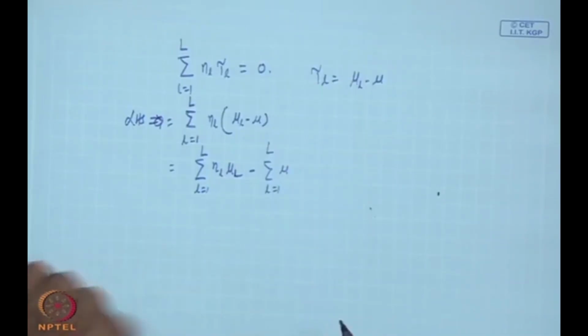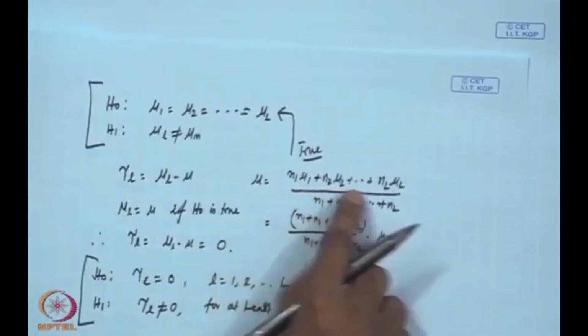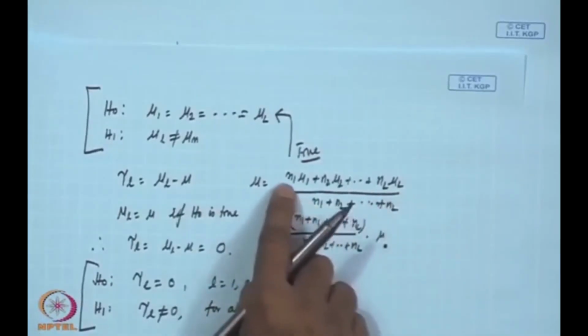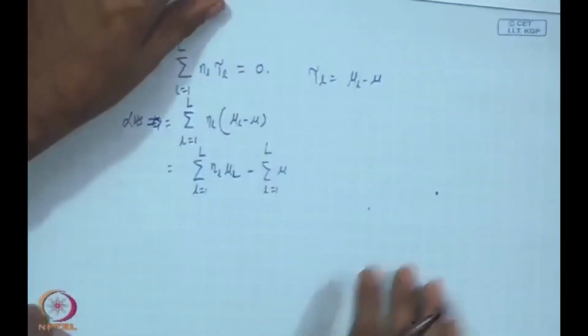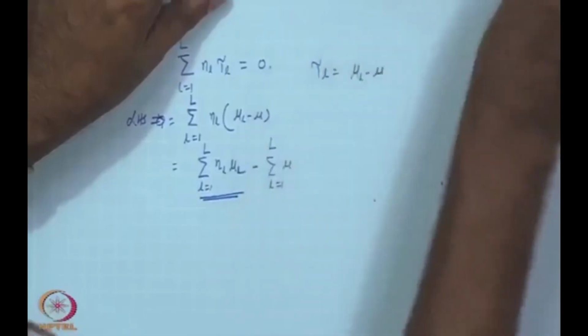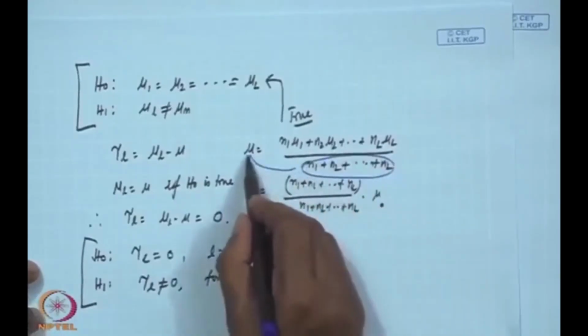So, you have already seen that mu equal to n 1 mu 1 plus n 2 mu 2 plus n L mu L divided by the total. So, that means the sum of this N L mu L can be written like this, this into this.